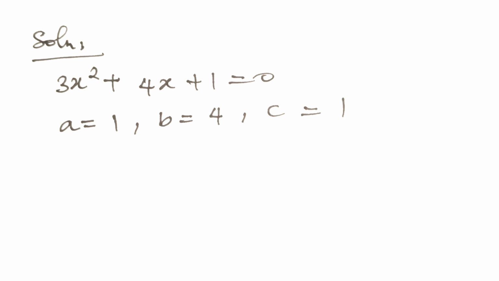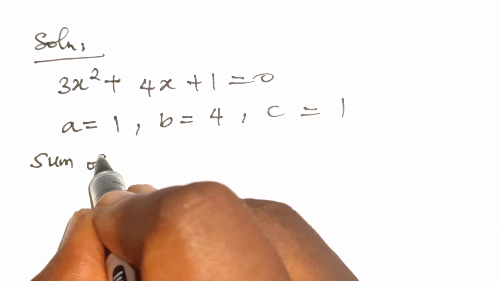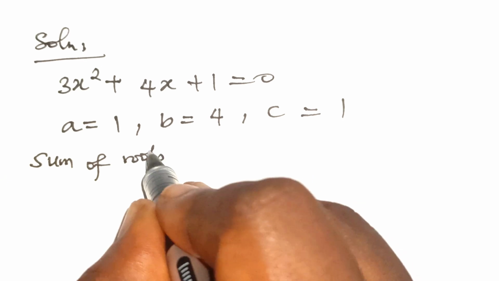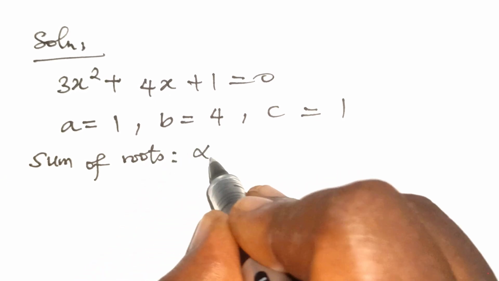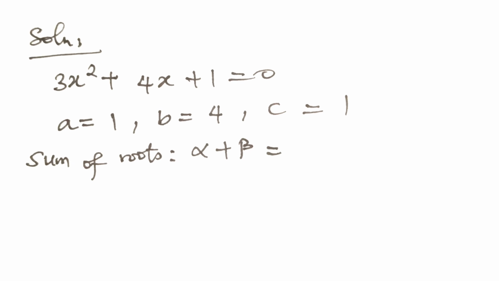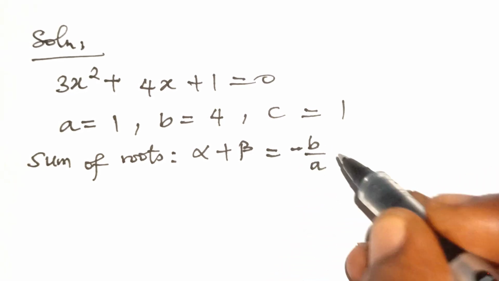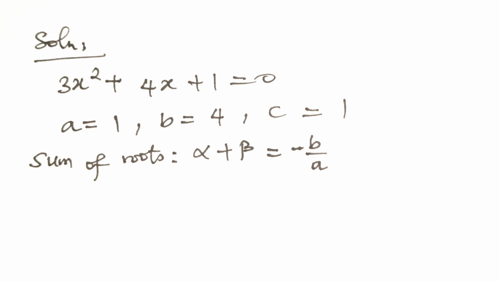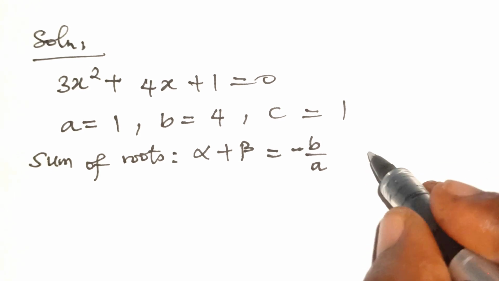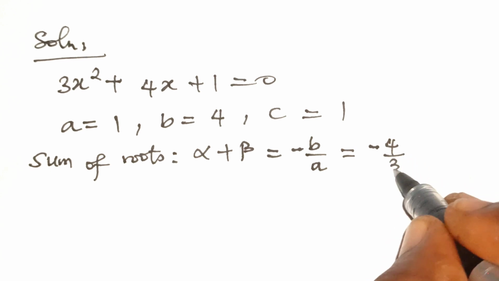The sum of roots, that is alpha plus beta, is equal to minus b over a. So what would that give us? To give us minus 4 over 3.